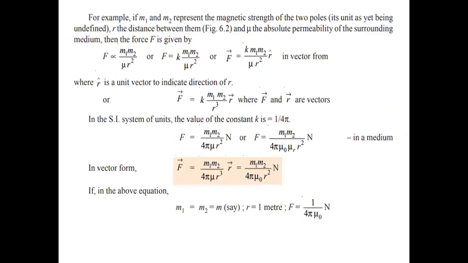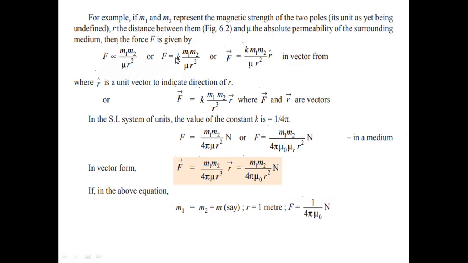From this law we can find that F, the force between two magnetic poles, is proportional to the product of the pole strengths M1 and M2, and inversely proportional to the square of the distance between the two poles and the absolute permeability of the medium surrounding these poles.